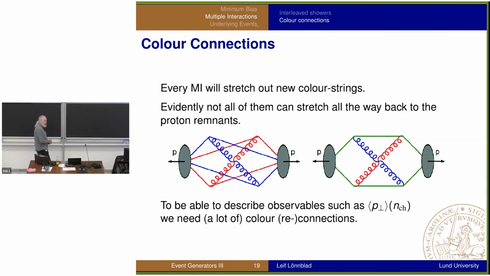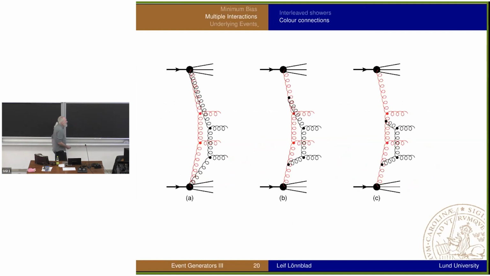You will get more pomerons cut. And that will give more multiplicity. So every time you get something semi-hard in the multiple scattering, you will also get a lot of extra soft stuff, not only in the remnant regions, and that is simply not what data tells us. Well, I'll come back to data.